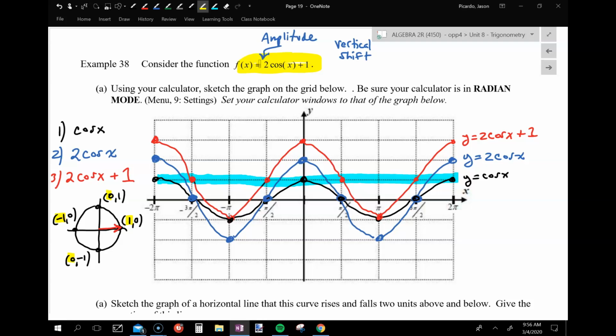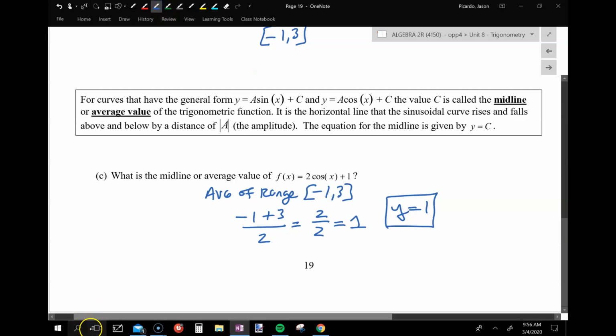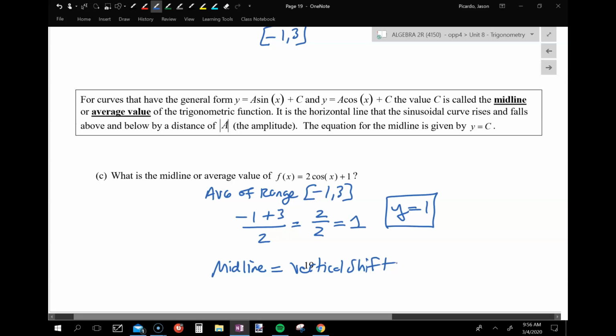So guys, as a word of advice, the midline will always equal the vertical shift. Your midline will equal your vertical shift. Is that cool?